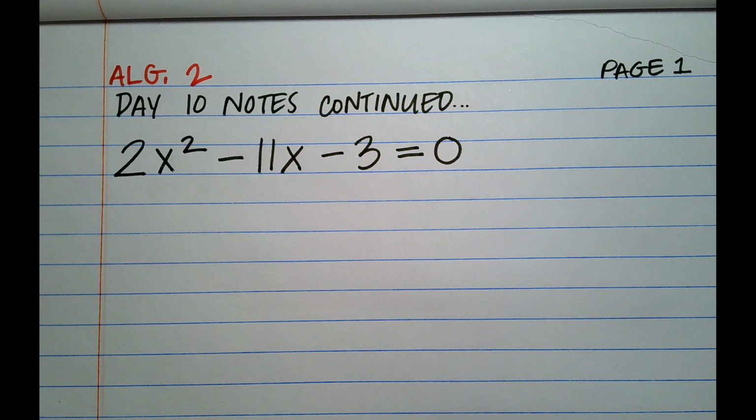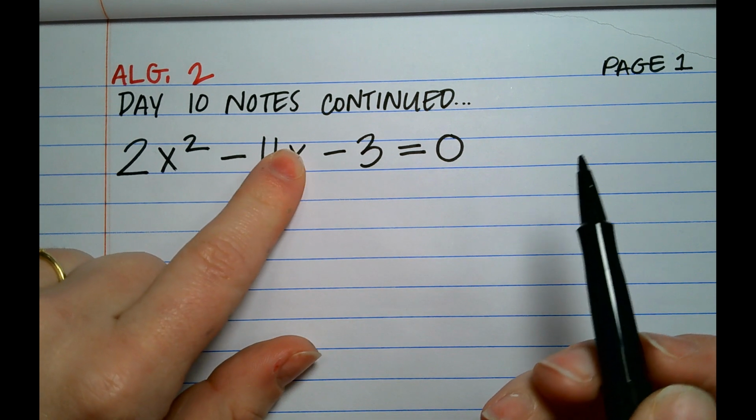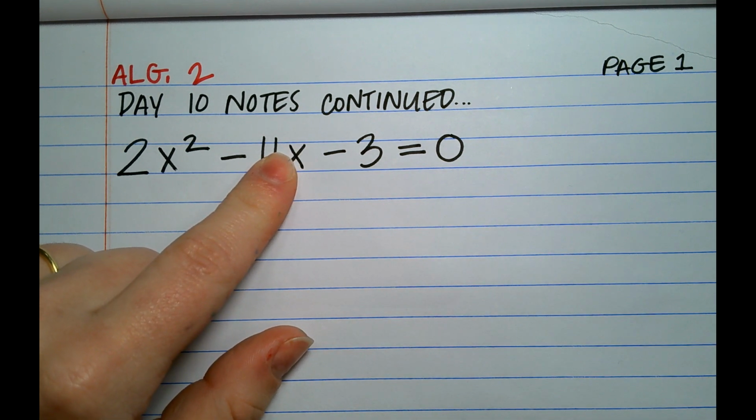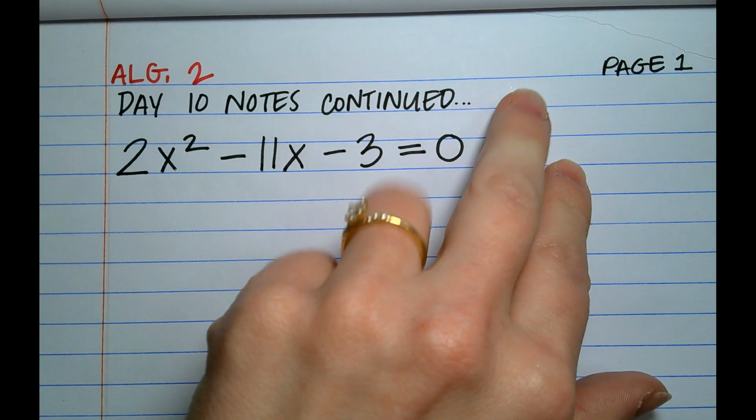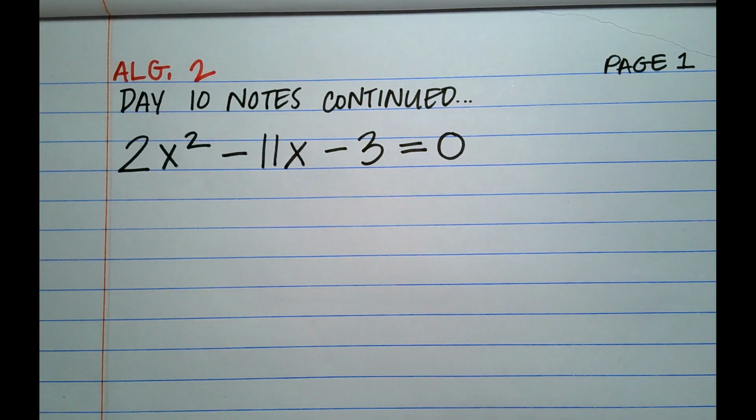With the quadratic formula, the equals 0 is just to tell us that all of our numbers are on one side of the equation. If it wasn't equal to 0, we would need to do some subtracting and move it all to the same side first.